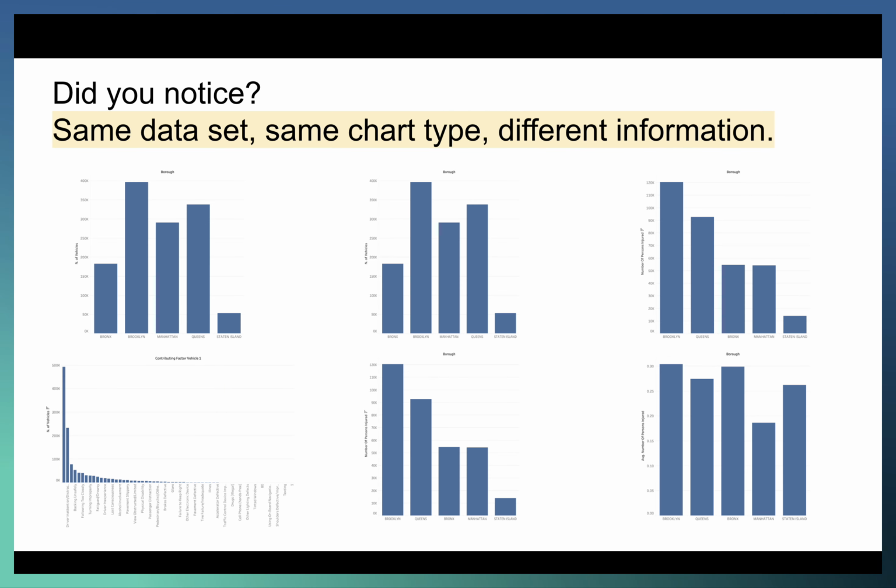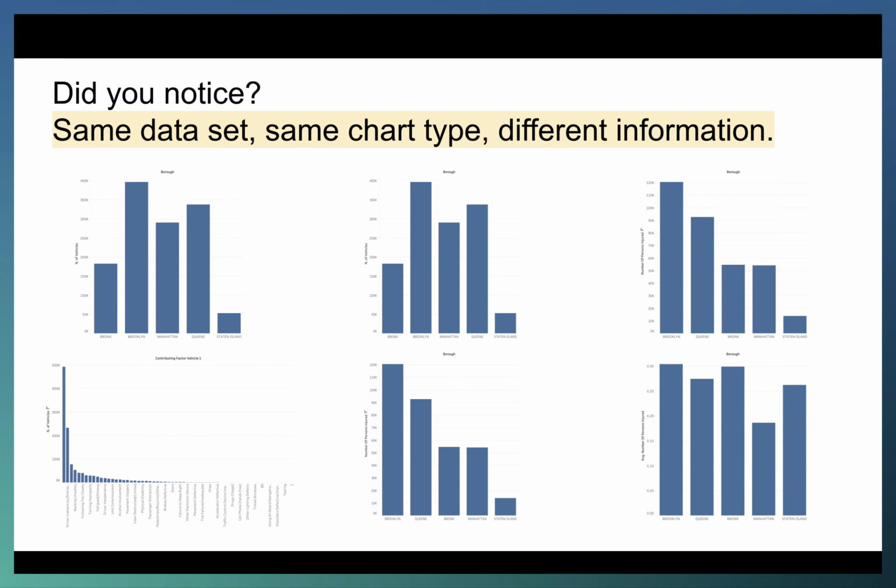So what I want you to notice is that we started from exactly the same data set, the vehicle collision data set. We used exactly the same type of chart, but we represent completely different information and completely different trends according to what variables are selected for aggregation and what is selected as a quantity and what is selected as a function to generate aggregate statistics out of these quantities.